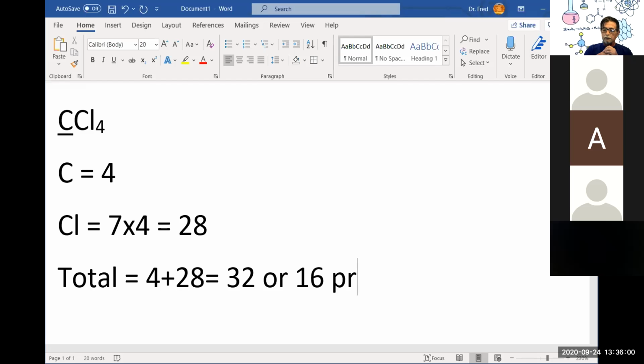Everybody with me so far? Now, the formula, and it's going to be a little tough to draw it, but let me see what I can do. We have carbon as the central atom, and so I can very quickly put carbon in the center and go ahead and bond to those chlorides.